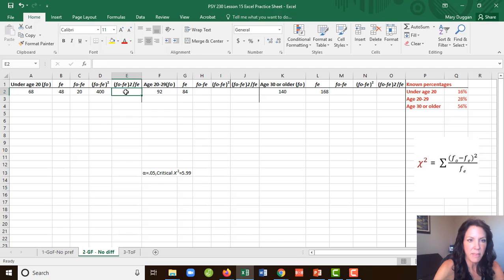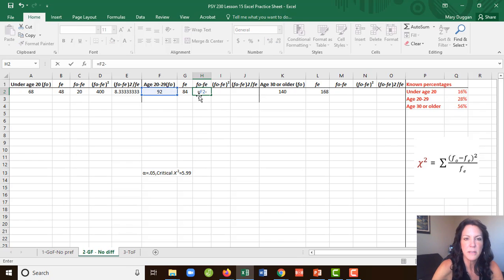And then I take that squared deviation and divide it by the expected frequency for this particular category. I do the same for the second. I'm going to take the observed frequency minus the expected frequency. I'm going to take that deviation and I'll square it. And I will take that squared deviation and divide it by the expected frequency for that group.